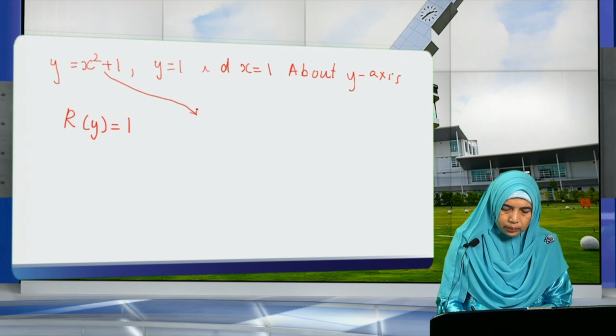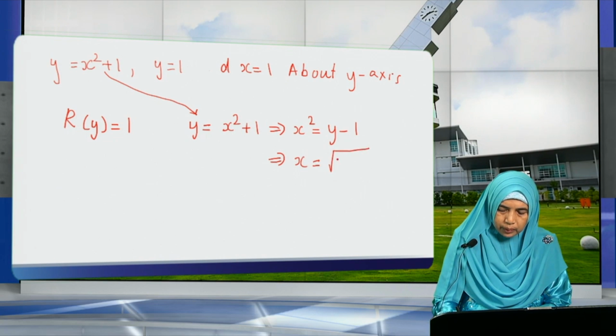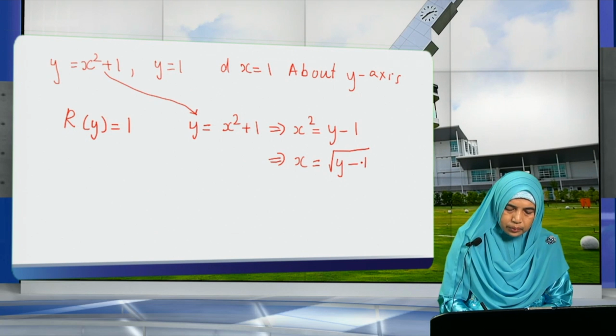The parabola is y equals x squared plus 1, so x squared equals y minus 1, and x is the square root of y minus 1. So our inner radius in terms of y is the square root of y minus 1.